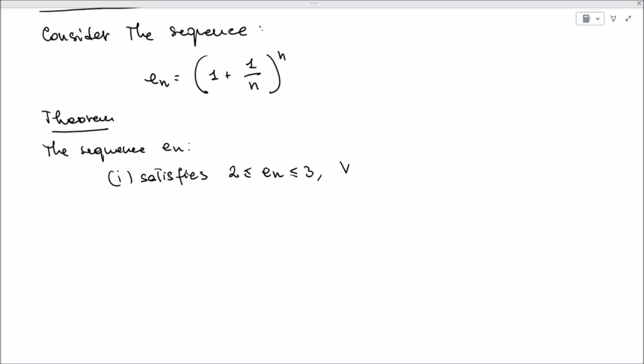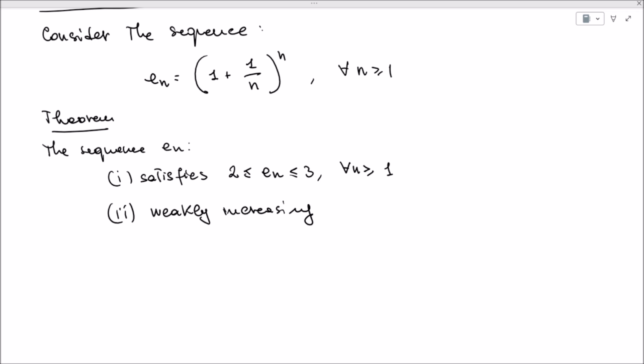This is true for every n larger than or equal to 1. Clearly, the sequence is just defined for n larger than or equal to 1. And the second property is that en is weakly increasing.